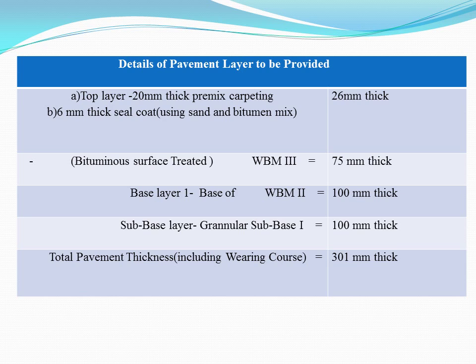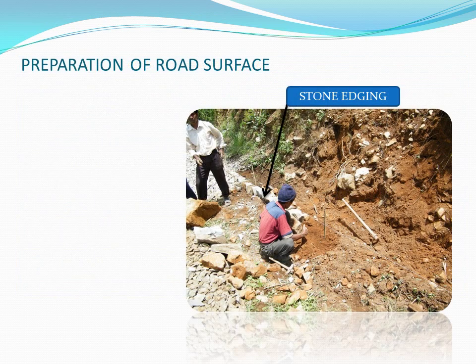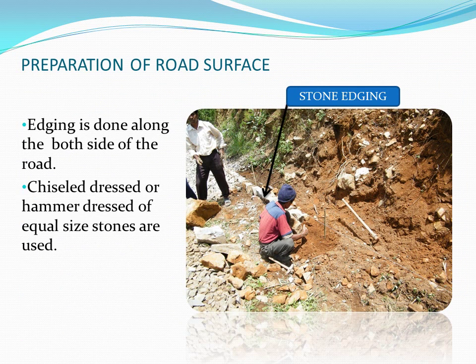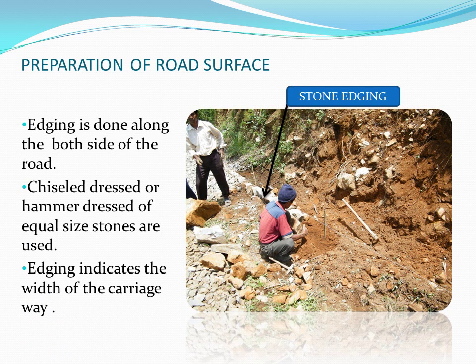Now these are the details of the pavement layer. The sub-base course is 100 mm thick, the waterbound macadam 2 is 100 mm thick, and 3 is 75 mm thick, and the bituminous layer is 20 mm thick with a seal coat of 6 mm. Before constructing, the road surface has to be prepared, and as it is a hilly region, the edging has to be done properly.